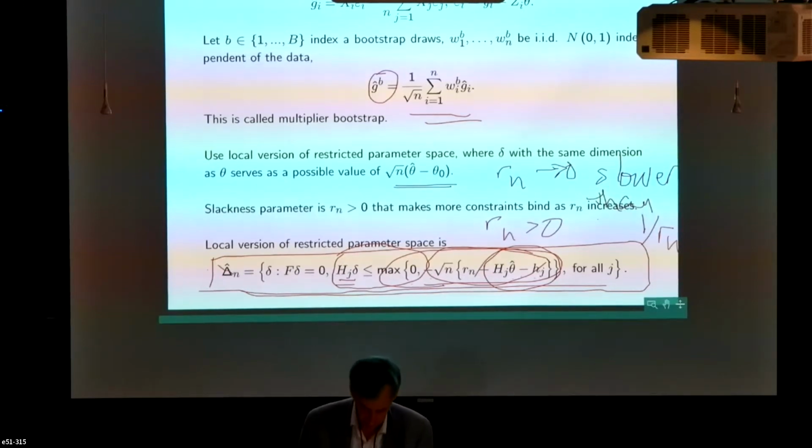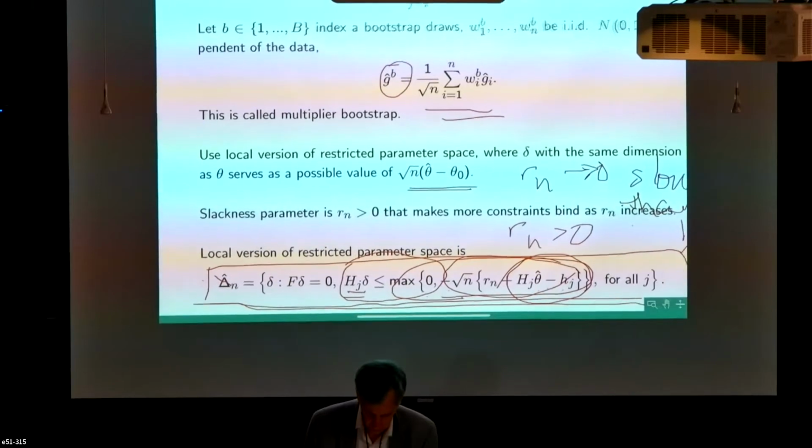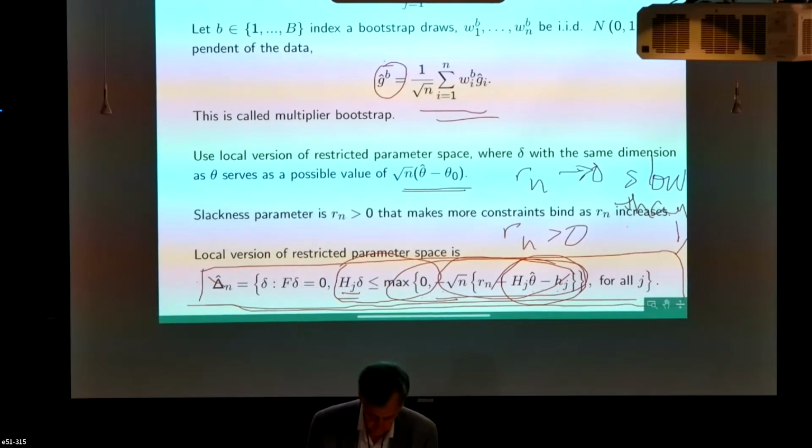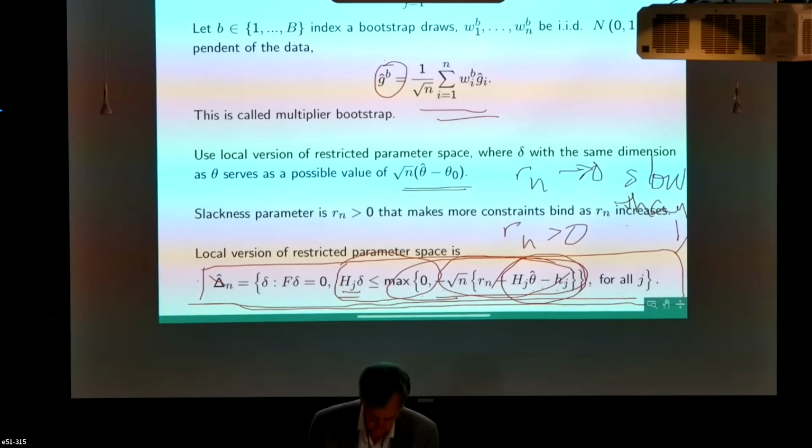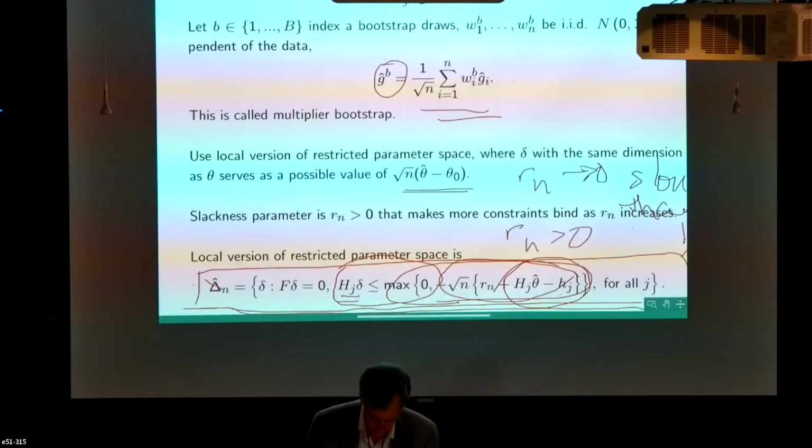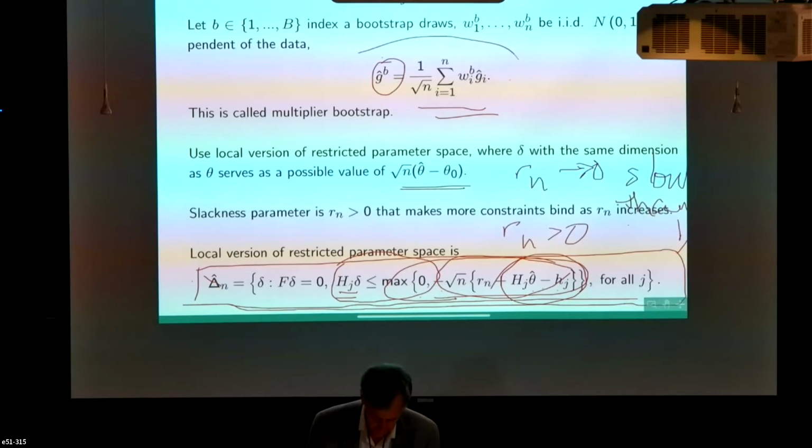If you think about this, what's the distribution of this going to be? It's just going to be the same as the sample moments. So that's all this is doing, right? That's what the bootstrap draw is doing: you're going to have a distribution of that.